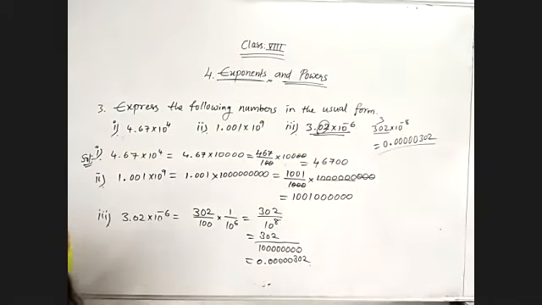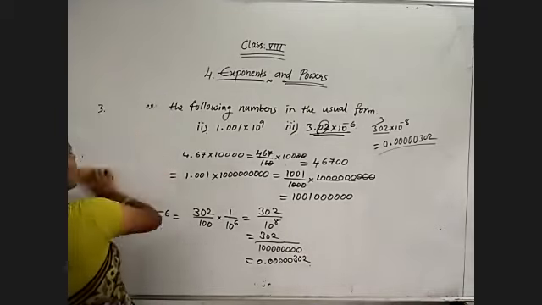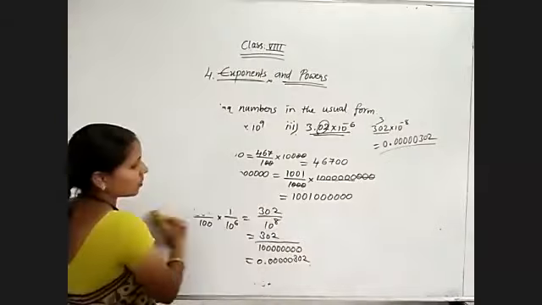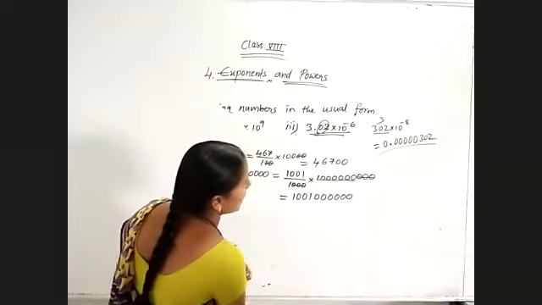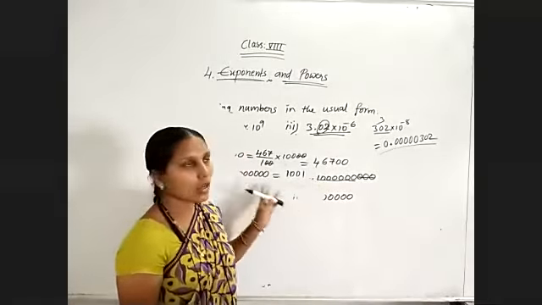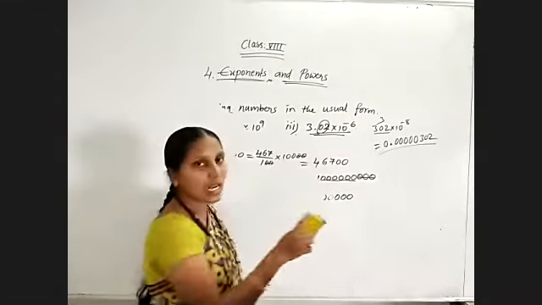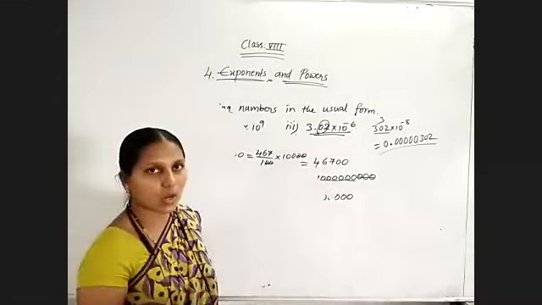Now coming to the definition, so take the definition and solve the exercise problems. All these examples I have explained: when standard form is given, how to convert into usual form, and when usual form is given, how to convert into standard form, for larger numbers as well as smaller numbers we have discussed.